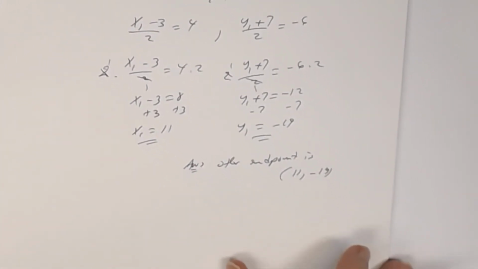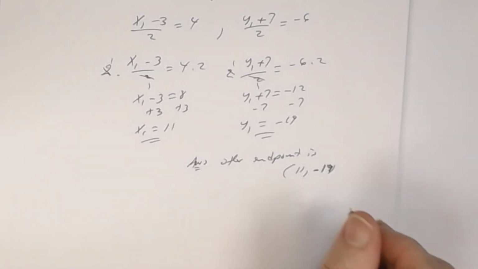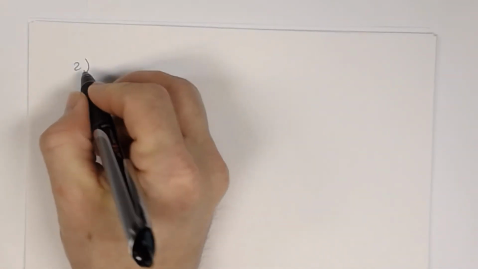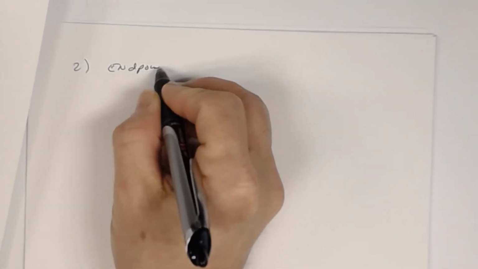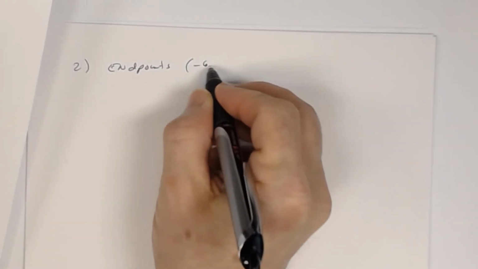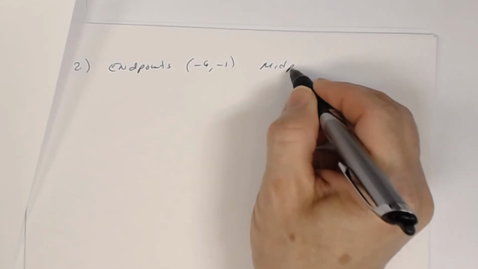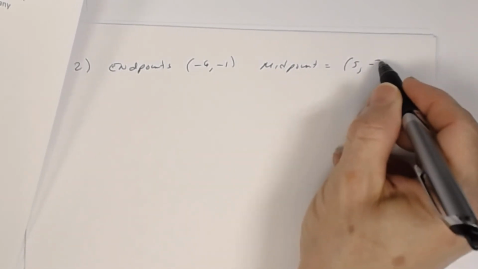All right, so that was number 1. Then you do the same thing with number 2, except this time I have a fraction involved. One of the endpoints is -6, -1, and the midpoint you're given is 5, -7/2.